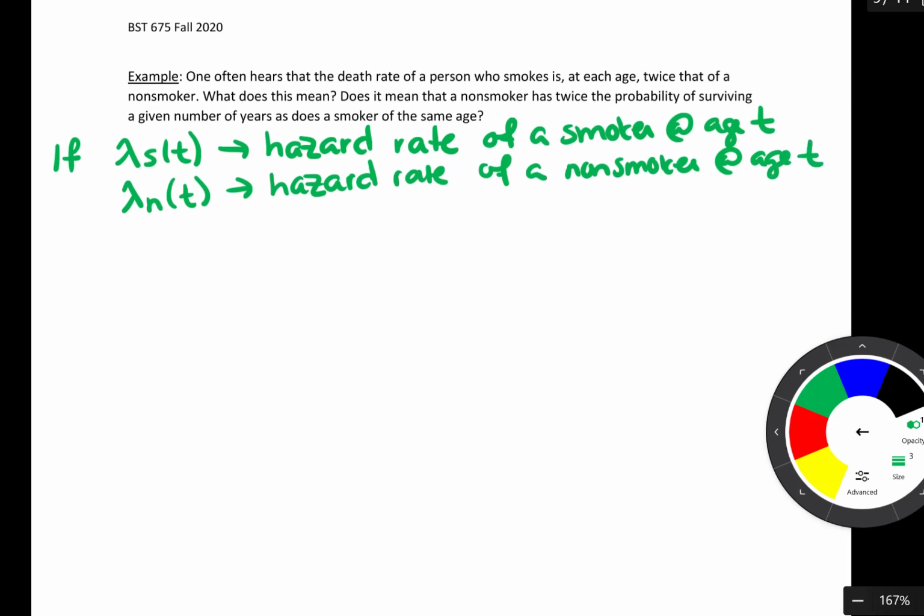So then, based on what we have up here, we often hear the death rate of a person who smokes is at each age twice that of a non-smoker. So what we're saying here is that lambda s of t is equal to 2 times lambda n of t.